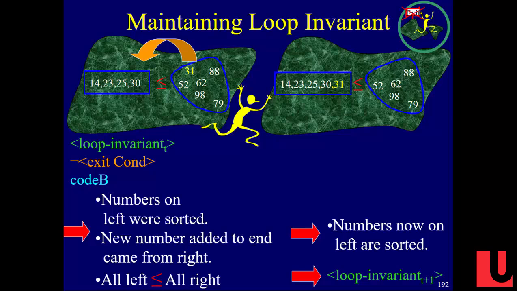Well, something we also have to do is to prove that if the precondition is true and you do the initial code, you get the loop invariant. Right? We have to do that. But that's not what we're doing here. Right? So when we do that, what do we say? We say the precondition is that we have a set of numbers.